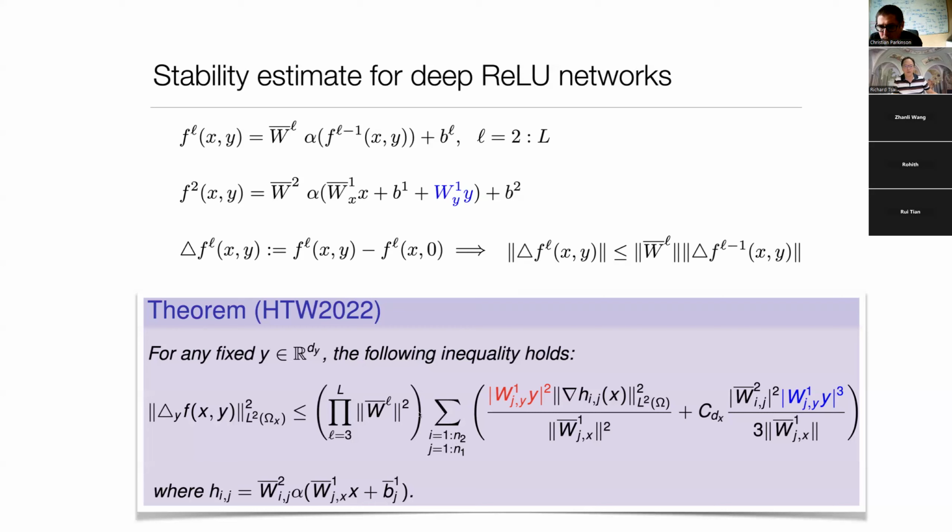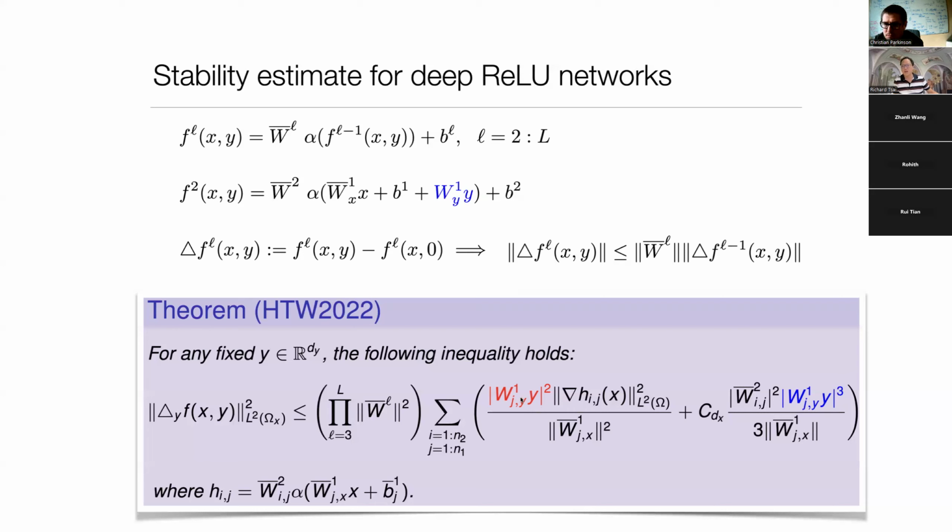The first factor on the right-hand side is the product of the matrix norms of all the trainable weights. Those are determined by the data and by how you optimize. And then the sum here, and you see the colored portions in the terms.